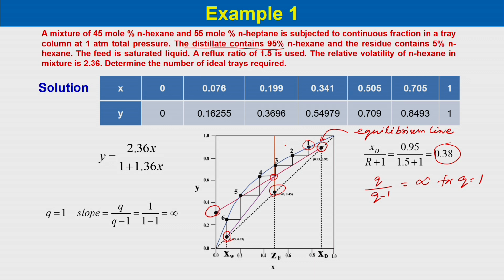So, this will give the first stage, and then go vertically to the operating line, and then horizontally, this will give stage 2. And in a similar way, if we proceed with the staircase arrangement, we will obtain about 6 ideal trays required for this separation.